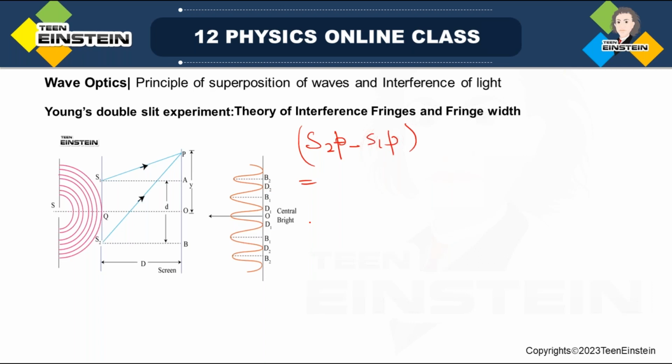So look what I can write. S2P square means S2B square minus BP square.